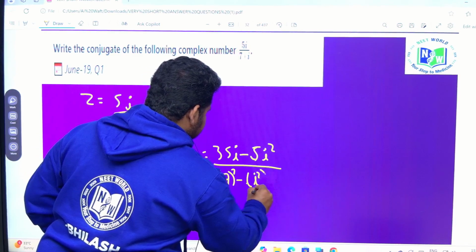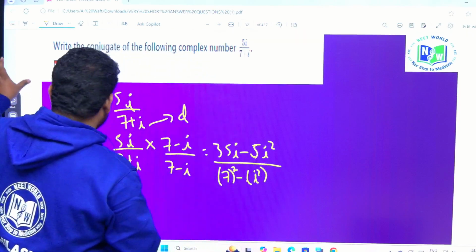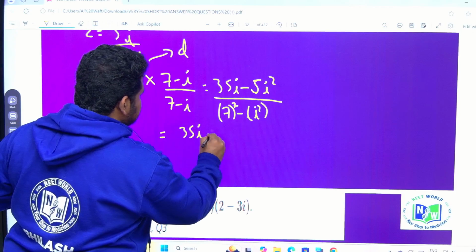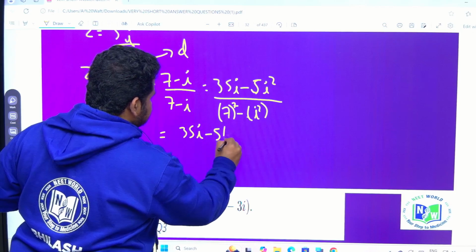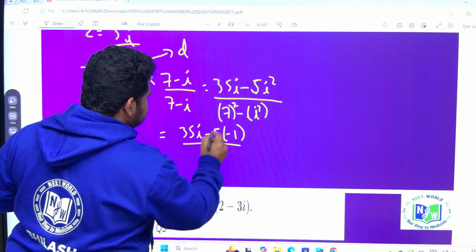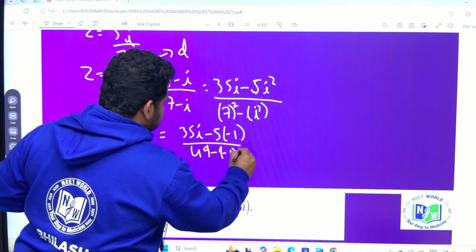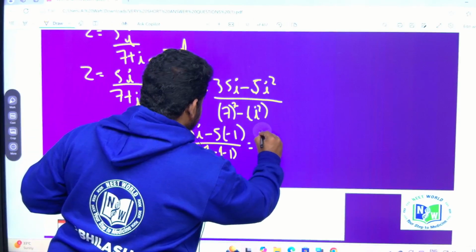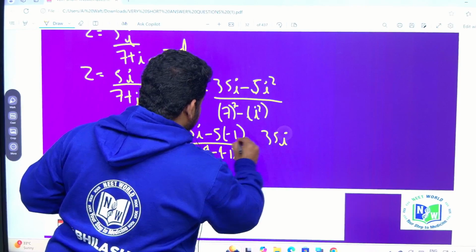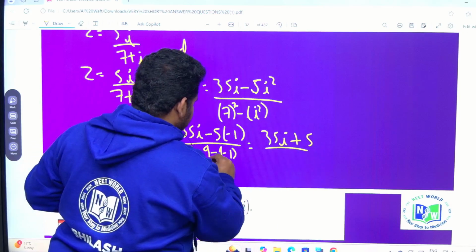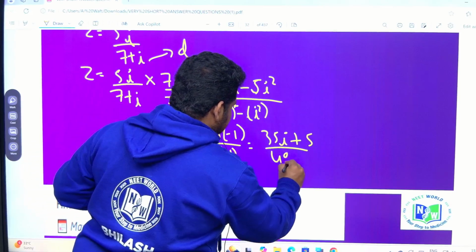So 35i minus 5 into i square, where i square is minus 1. 7 square is 49, minus i square is minus 1. So this will become 35i, minus into minus is plus 5, divided by 49, minus into minus is plus 1, 49 plus 1.